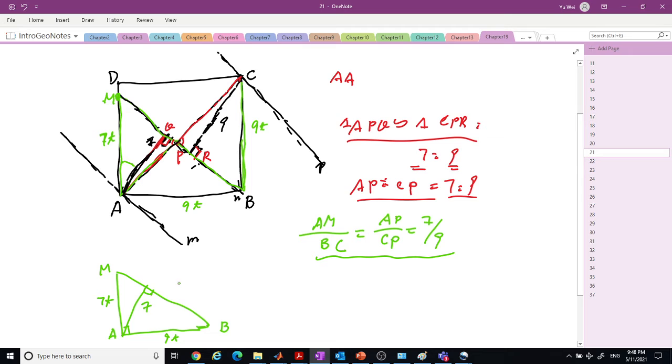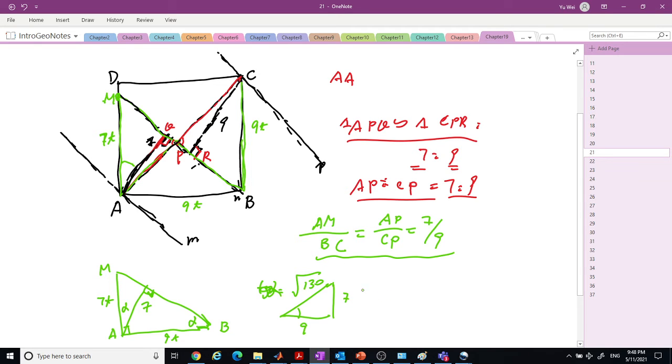So let's try to see whether we can solve this one or not, right? This triangle we are very familiar with. This is alpha, and this is also alpha, right? So tangent alpha is 7 over 9, and so this is 81 plus 49, which is 130, right?